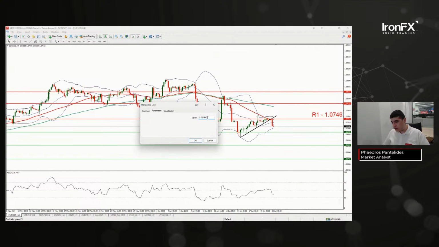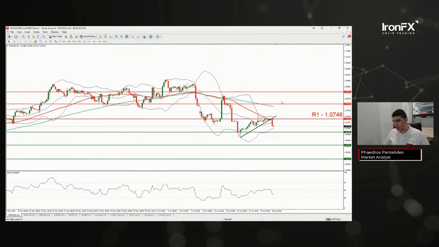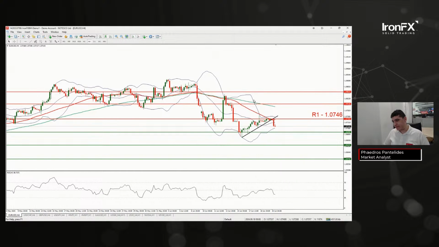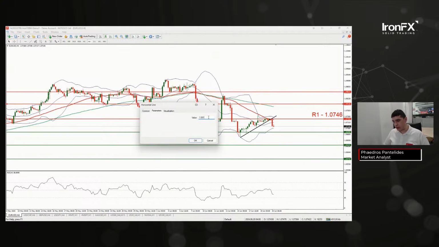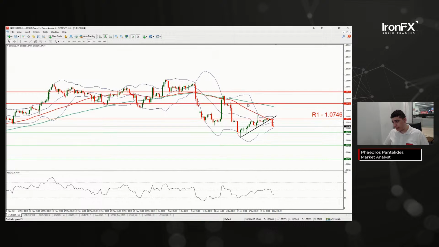So, as we said, R2 1.0810, that is my R2 resistance line, but then it just goes in between, so 1.08, see this better. I think I might have to keep it as it was, 1.0811, or 130.